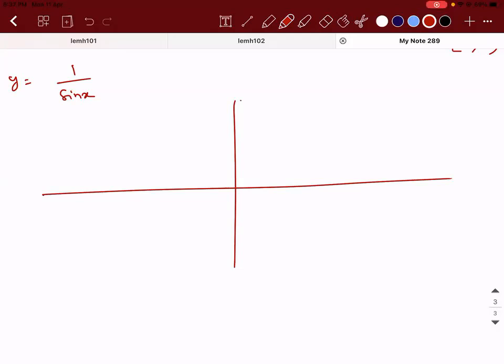Infinity. Then it will keep decreasing till what value? It will keep decreasing till you reach the value of pi by 2. At pi by 2, what will get generated? You will get 1. After you cross pi by 2, the graph will again start increasing and it goes till infinity.